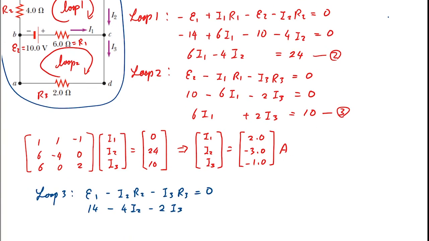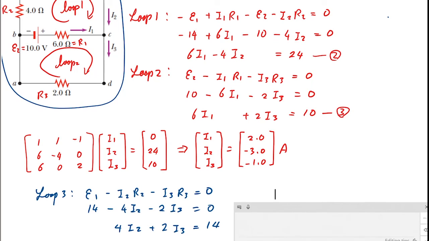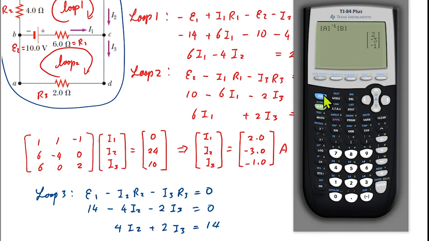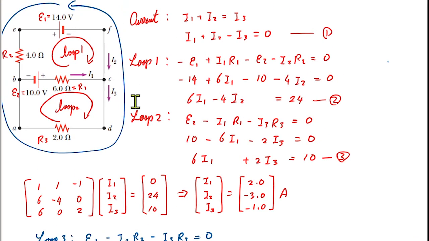I want this to be negative, but it's not going to give me that. Will it work? Hold on, let me check my matrix. I think it works if loop 3 is pointed in the right direction. I think I put loop 3 in the wrong direction, didn't I?